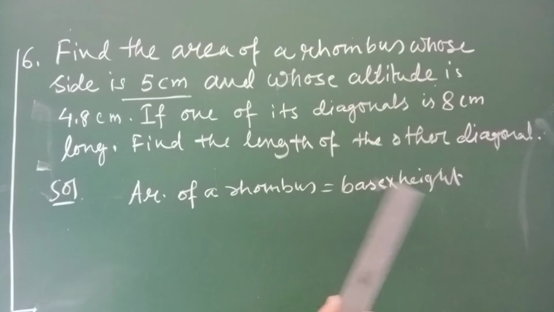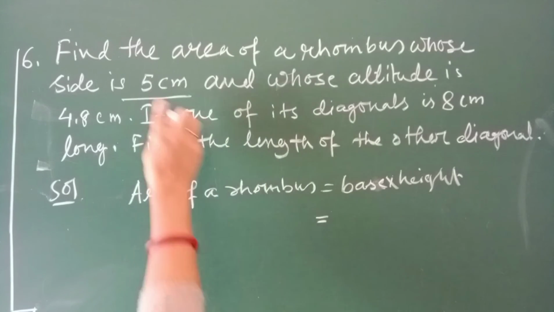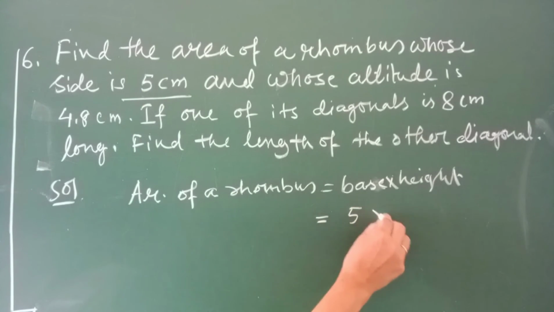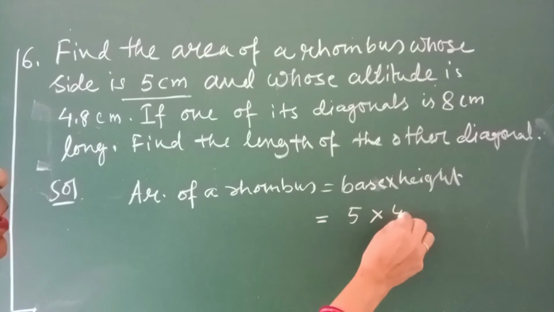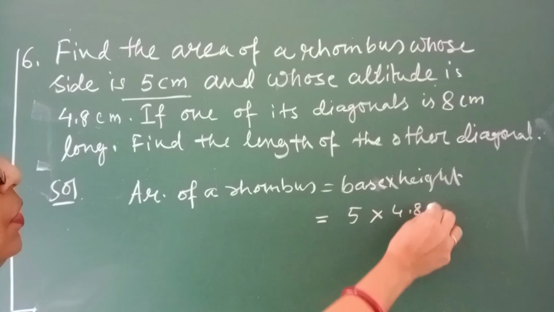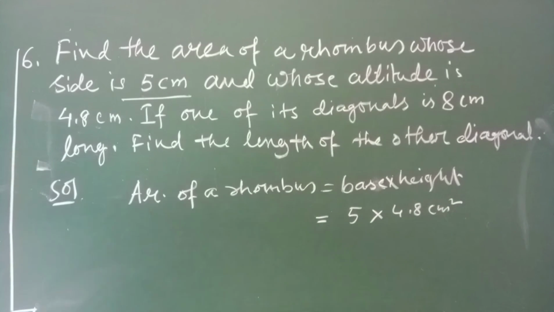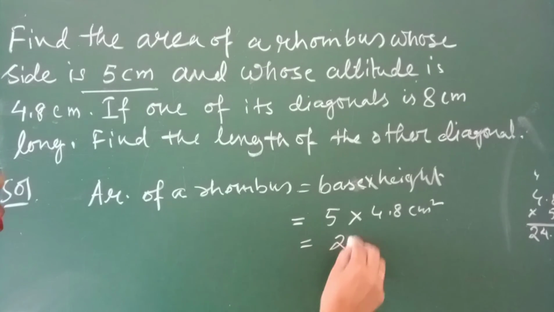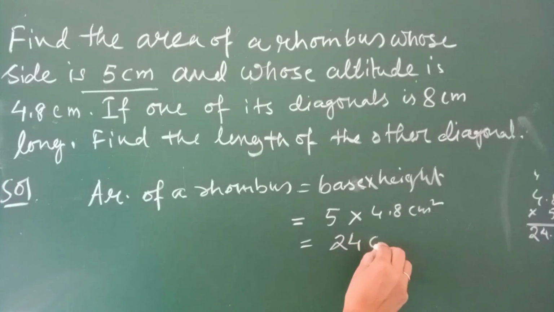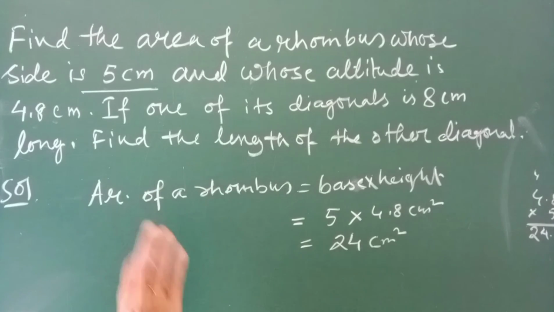So we are using this formula here, base into height. Here base is given, 5 is the side, and height, that means altitude on that side, is 4.8 centimeter. So area is 4.8 into 5 centimeter square. Now when you multiply, you will see that the area is 24.0, so 24 centimeter square.